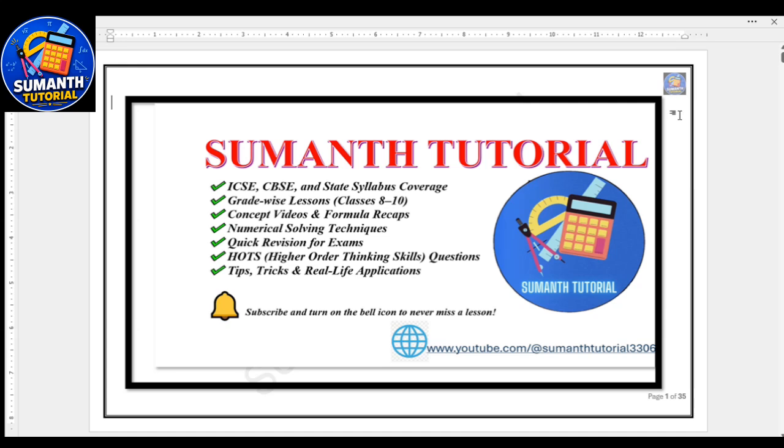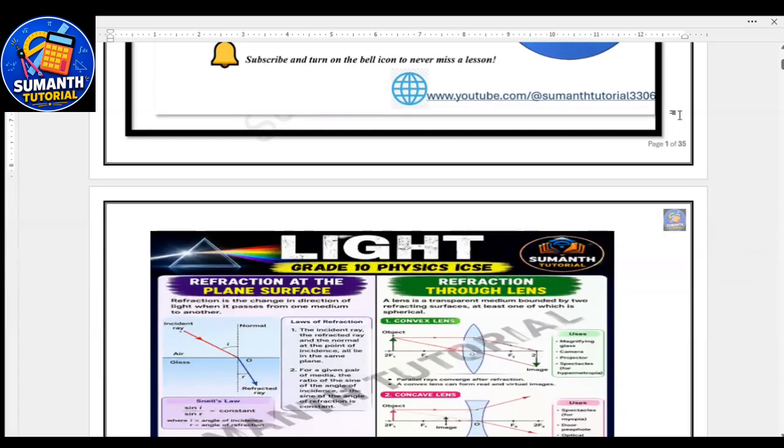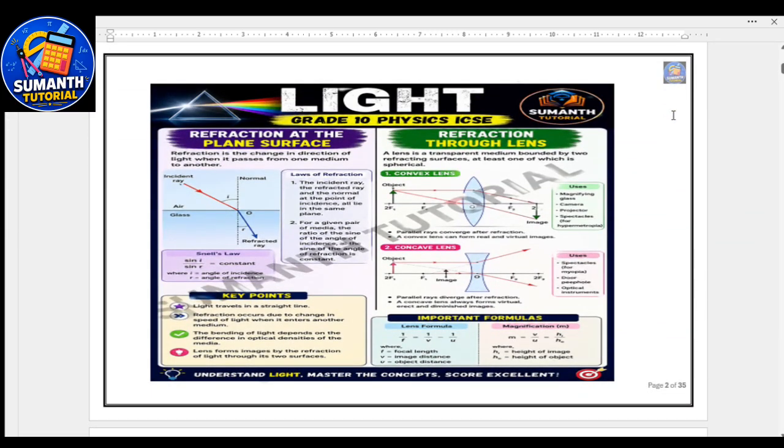In this session, I am going to teach you the most important topic, that is light. In that, I am going to solve the maximum numericals that you may expect in a board examination. When I say numericals, you may feel that it is tough. It is not like that.